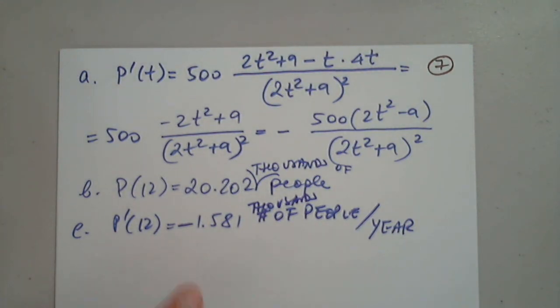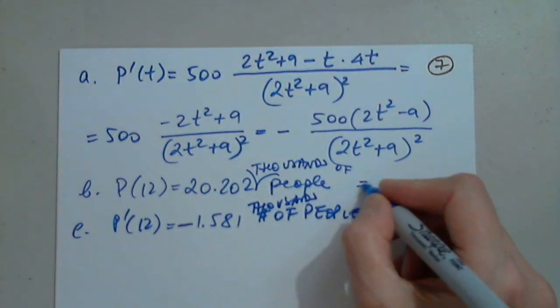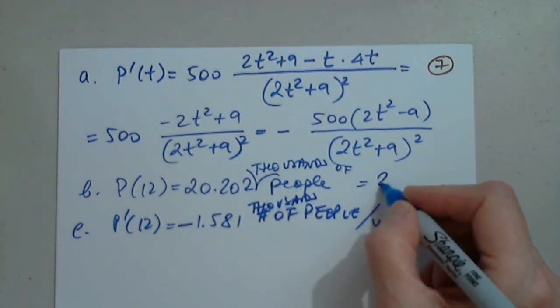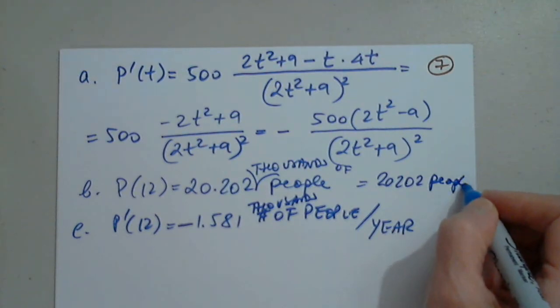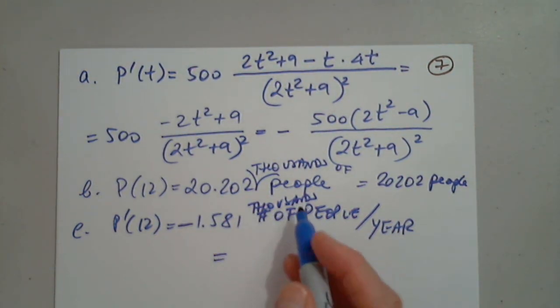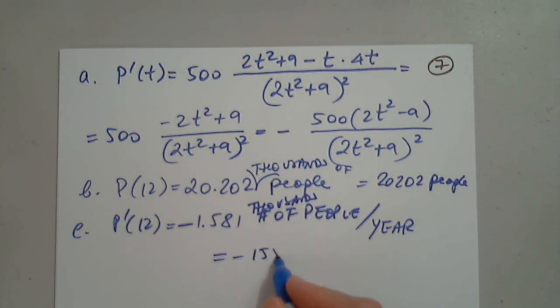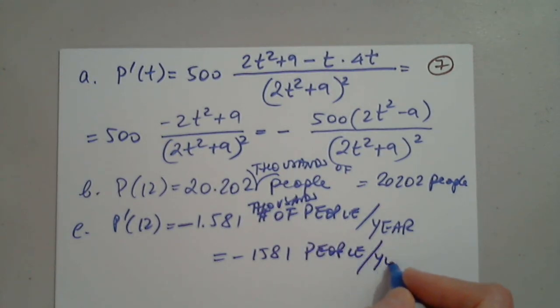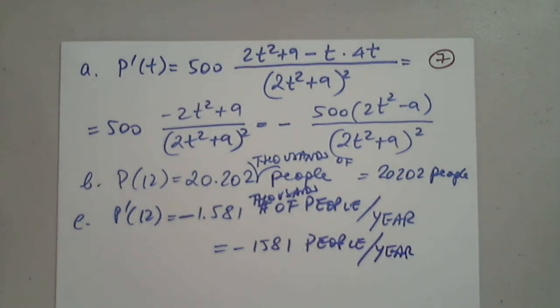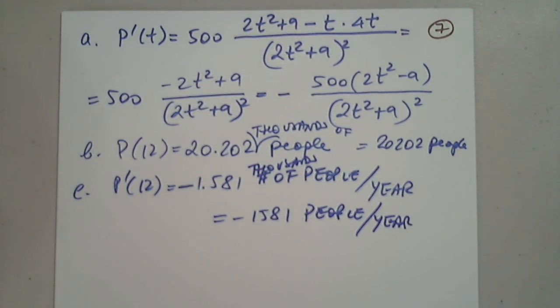So this has to be multiplied by 1,000. I have 2202 people. And instead of writing thousands, I have negative 1581 people per year. So the population 12 years from now is decreasing at 1,581 people per year. Very good problem, thank you.